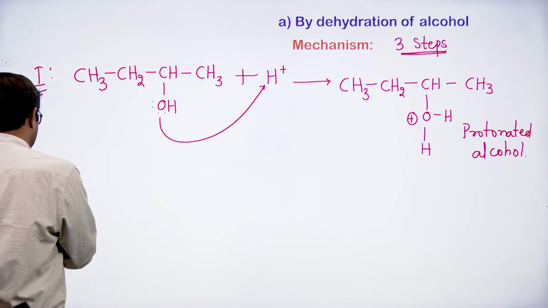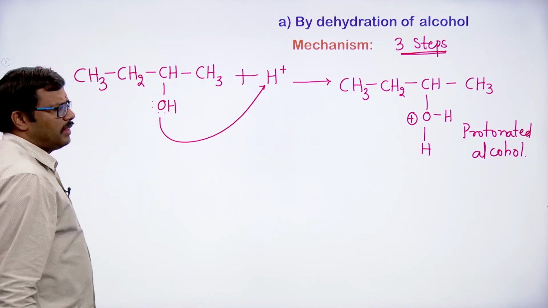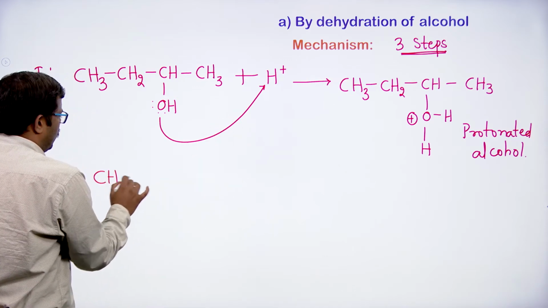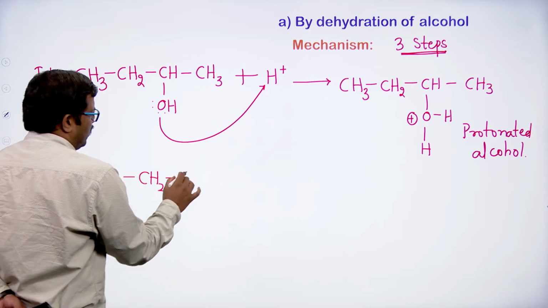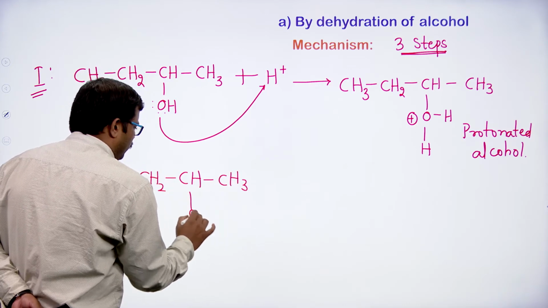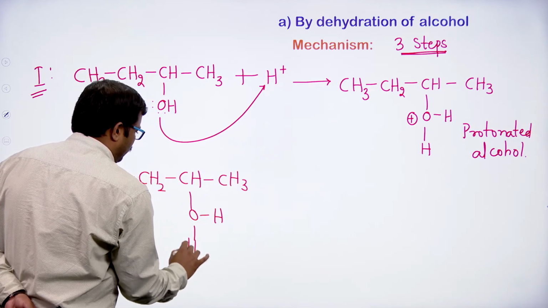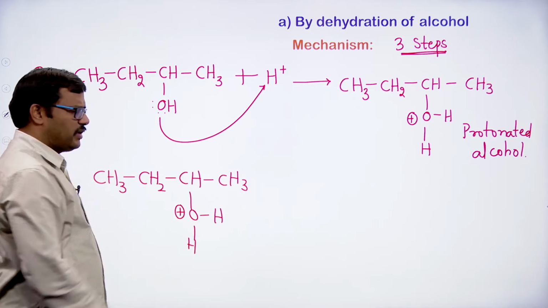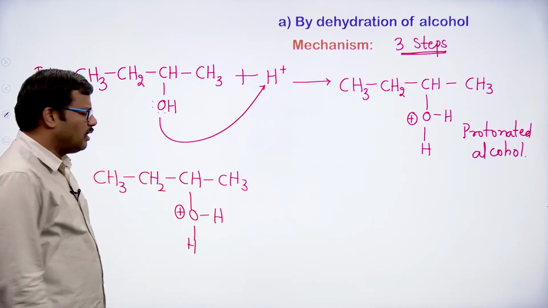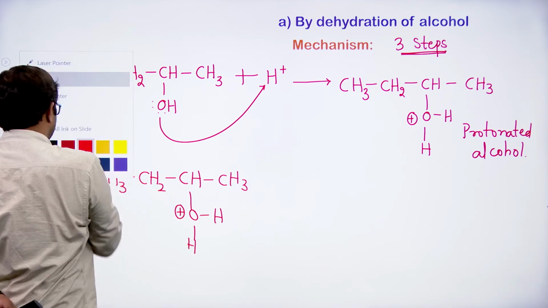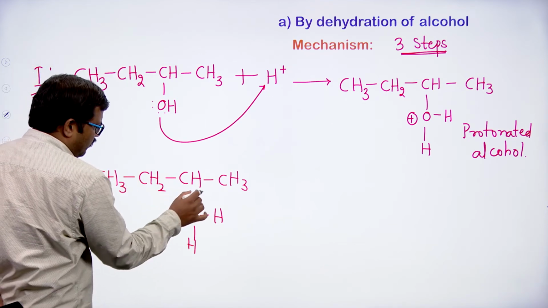What happens in the next step? In the next step, the protonated alcohol loses the water molecule. Here, this is the protonated alcohol. Now, if you observe the electronegativity difference between the carbon and oxygen, oxygen is more electronegative, so automatically this bond will go in favor of oxygen.